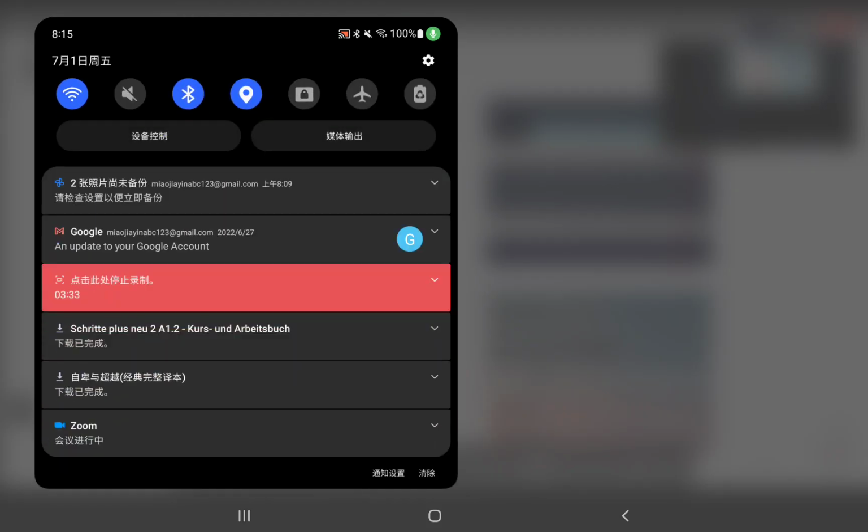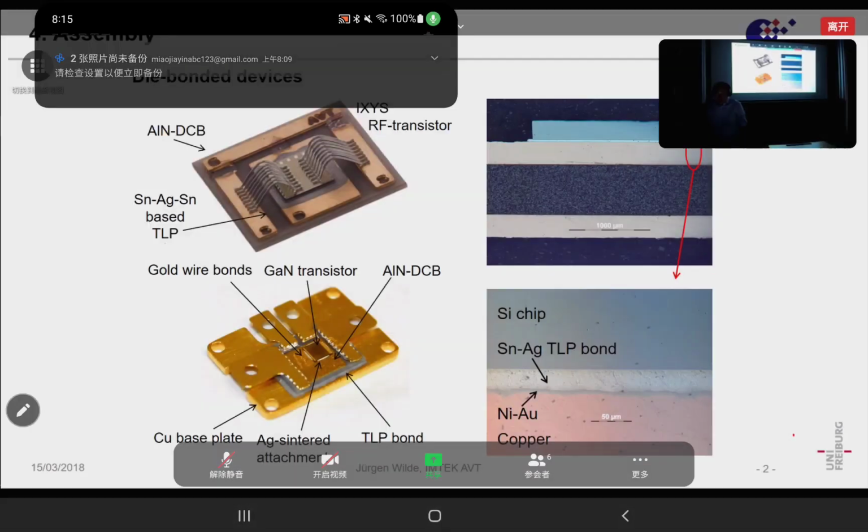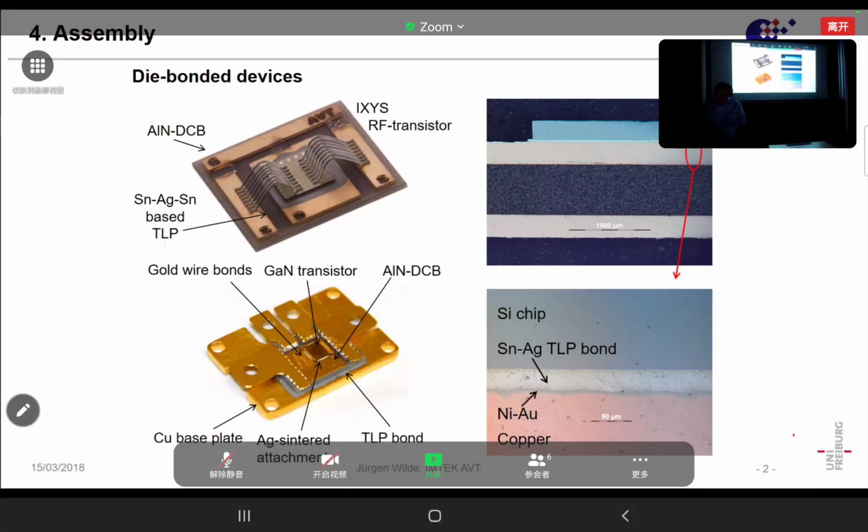Here are two examples from previous PhD works in my lab that were radio frequency transistors. One is a silicon device, the other is a gallium nitride device. Both are devices which have a high power that is switched, and also high power that is dissipated as heat.